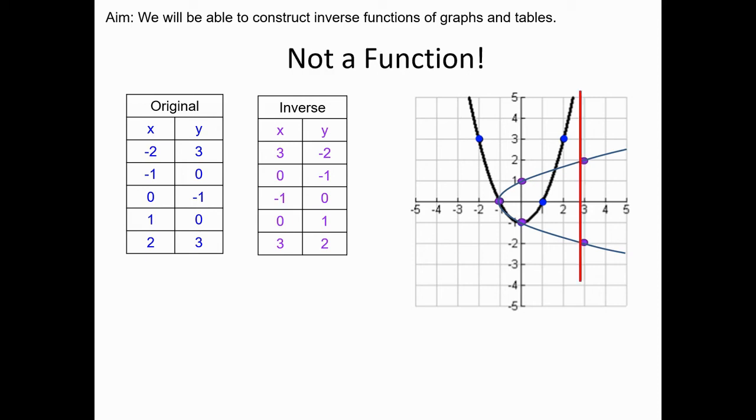The fact that I'm hitting the inverse function, in quotes function, multiple times on a graph when I'm drawing a vertical line means what I actually made wasn't even a function, but it is the inverse of this original function. It's just not a function itself. So sometimes inverses of functions are not actual functions. It's kind of weird, but it happens sometimes when you flip them over like this.